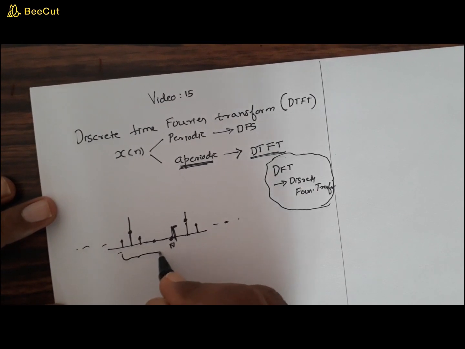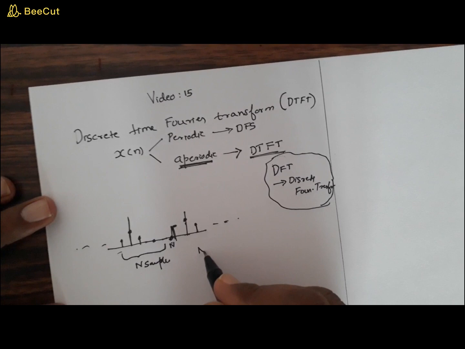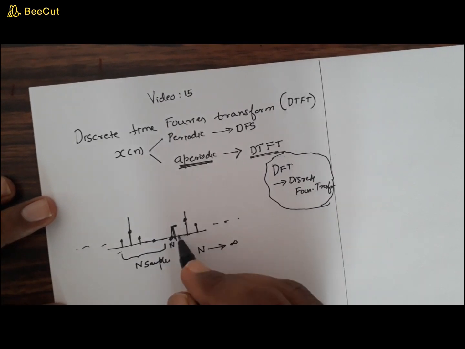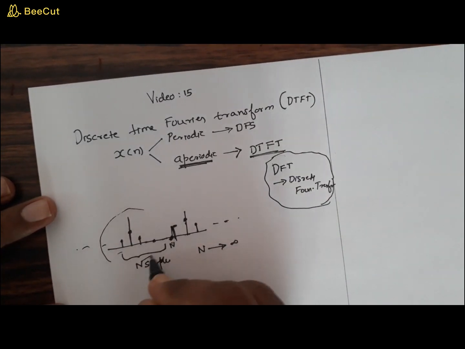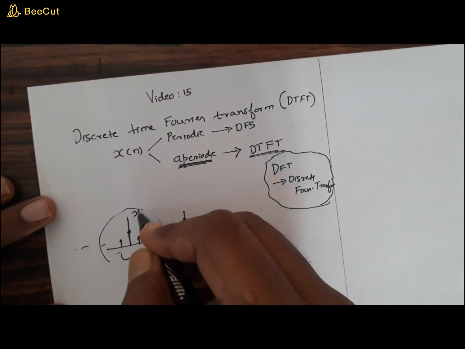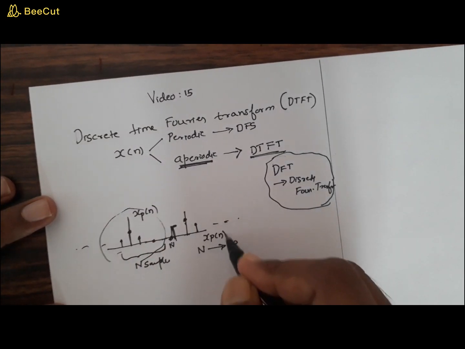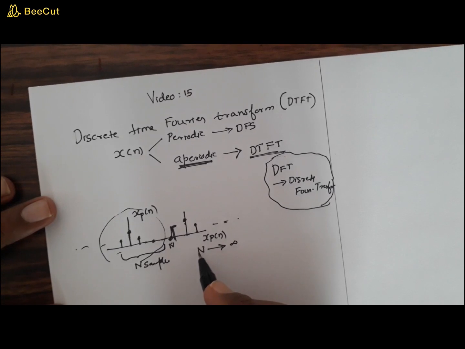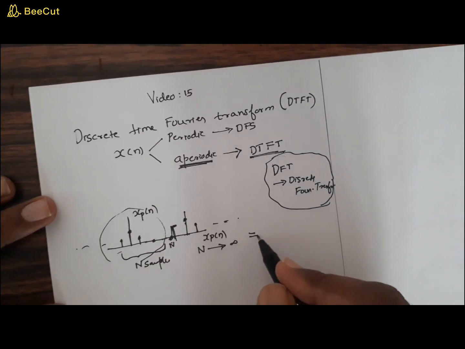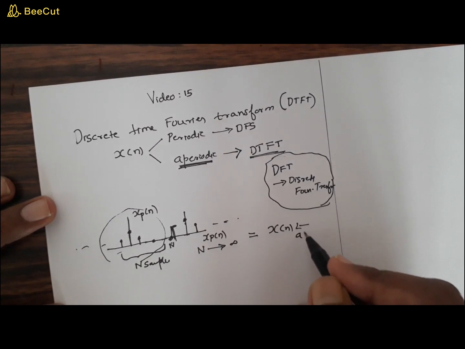So up to this sample you have n samples, and these n samples repeat. Now what happens when you extend n to infinity, meaning you have only these samples? Let us call this periodic signal xp of n. What happens to the periodic signal when n is extended to infinity? As we studied earlier, this becomes your x of n, or an aperiodic signal.